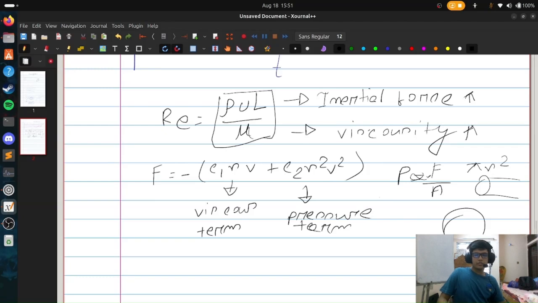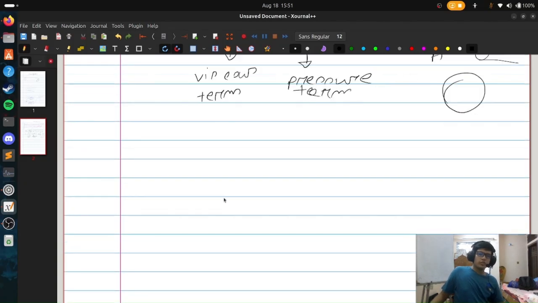Using this, we can also figure out the critical velocity, by the way, but we will not do it here. So the Reynolds number has a range. What is that range here? From 0 to 2000, it's laminar.